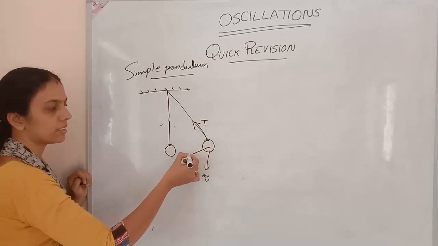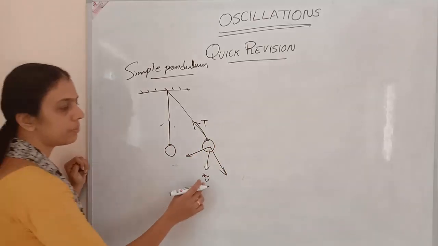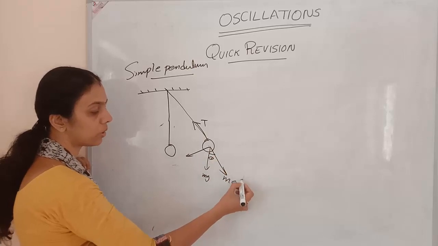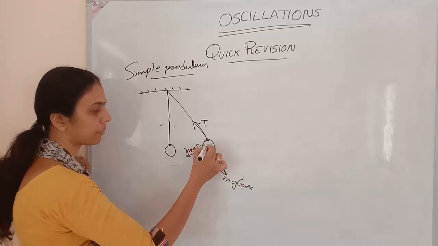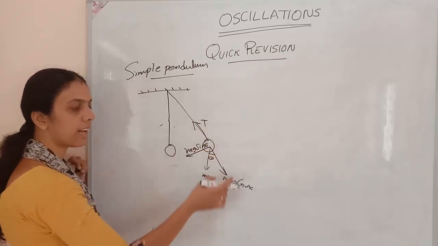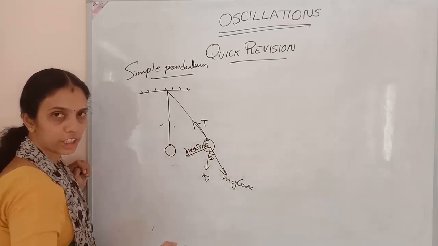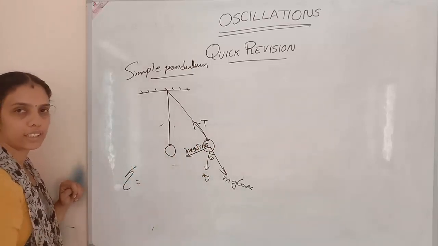While we are considering mg, we divide it into components: mg cos theta and mg sin theta. So mg cos theta and T get cancelled, and here it will be under rotational motion. So what is the torque acting on the system?